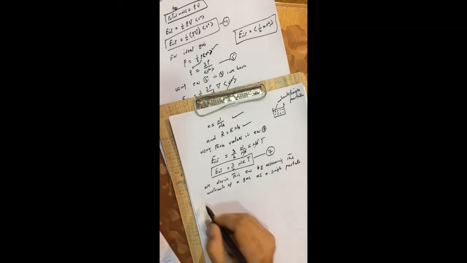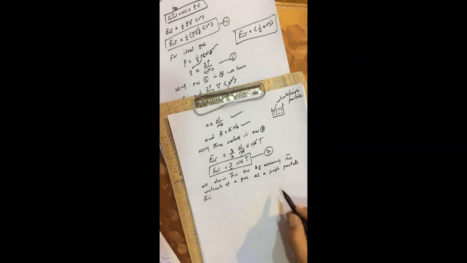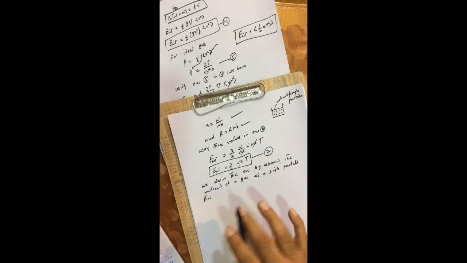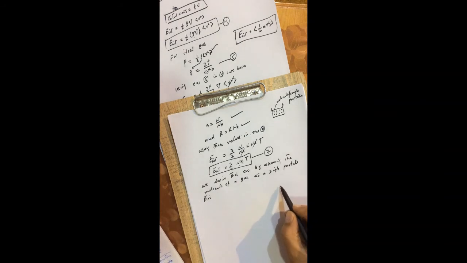Now, if it is a single particle, then there are three possible motions of this particle. If this is my x-axis, this is my y-axis, and this is the z-axis, then this particle either moves along the x-axis, or along the y-axis, or along the z-axis. So there are three available paths for the motion of this particle.